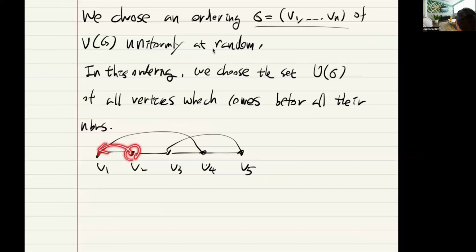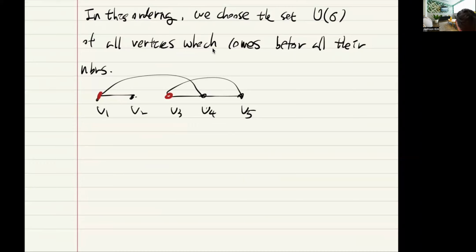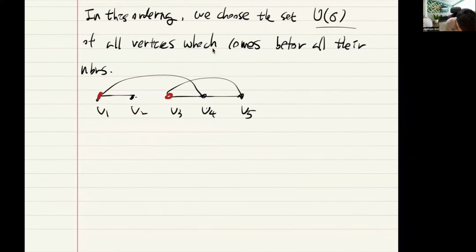It has a neighbor which comes before. This one has neighbors which come before. This has a neighbor which comes before. So you only consider this one vertex. But let's say you don't have this edge, then this is also chosen because all of its neighbors are after it in this order. Okay, that's a well-defined set for given this sigma.